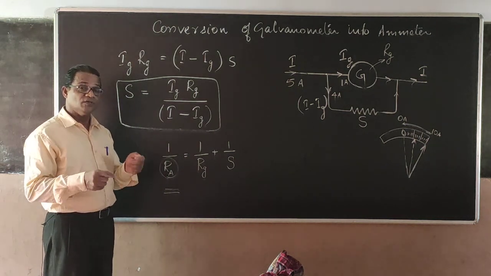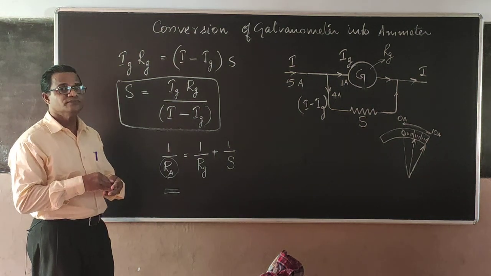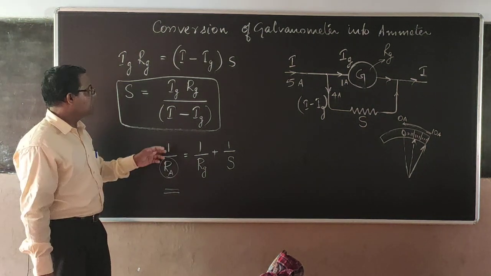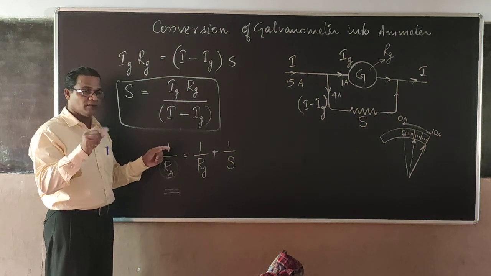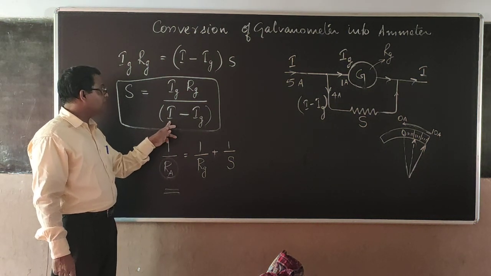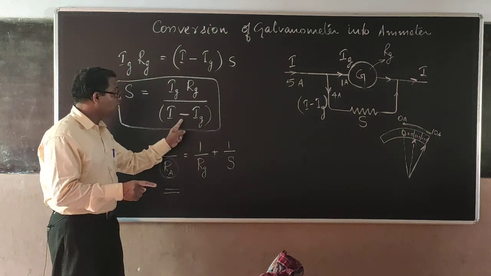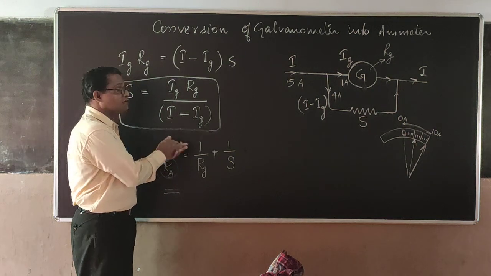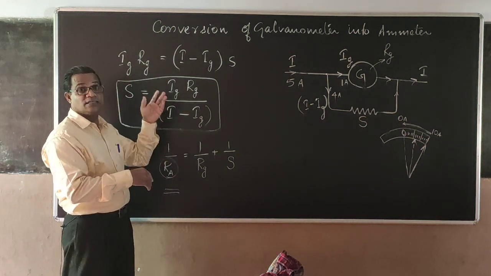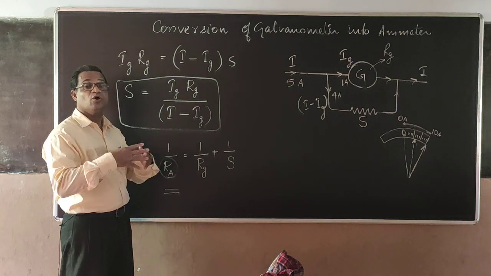But the question can be reversed: can we decrease the range of the ammeter? Yes, up to an extent. Remember, if I go on decreasing the range, a level comes where I equals Ig. When I is equal to Ig, the denominator becomes 0 and the shunt resistance becomes infinite. It is an open circuit now.